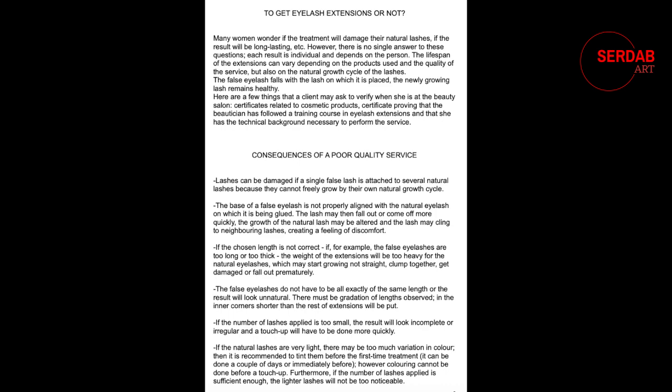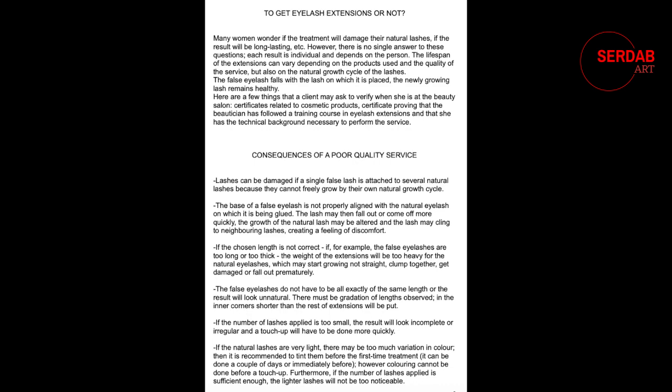And the consequences of poor quality service: lashes are damaged. Also, you can see too much glue, or they fall too fast because they are not properly glued. In extreme cases, skin is damaged if they are glued too near the skin.